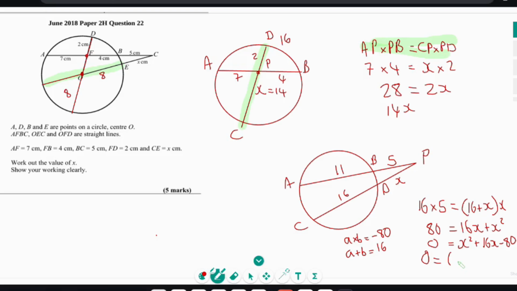So 20 and 4, what about minus? No, positive 20 and negative 4. So x is equal to negative 20 or x is 4. x has to be positive, so x is equal to 4.